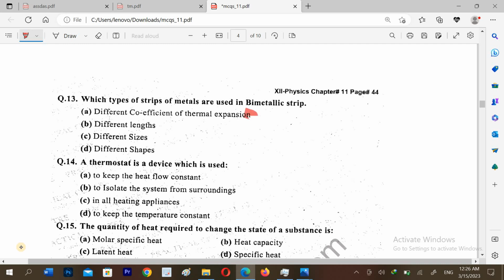A. A thermostat is a device which is used... D. To keep the temperature constant.